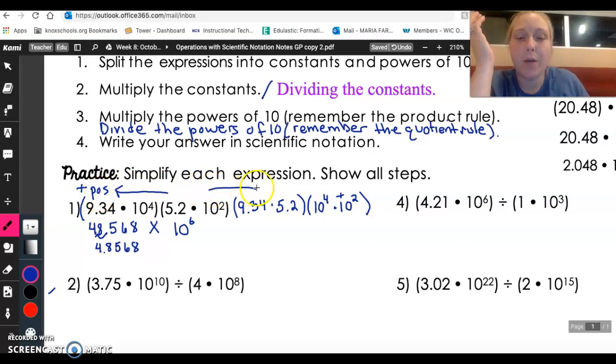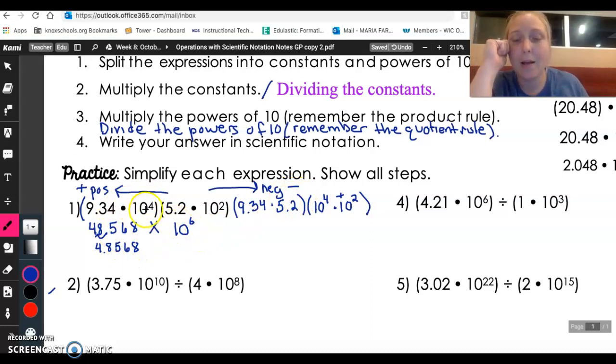If we end up moving right, then those are negative exponents, which means you're subtracting from your power.